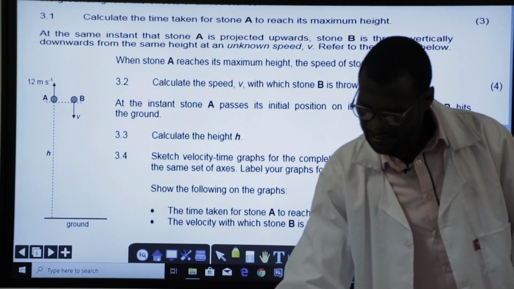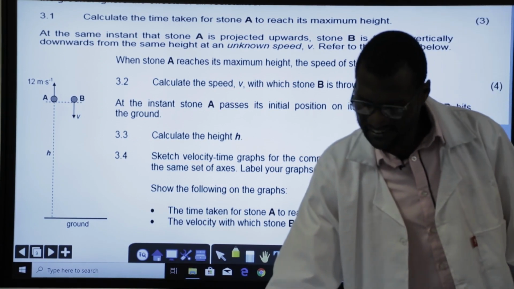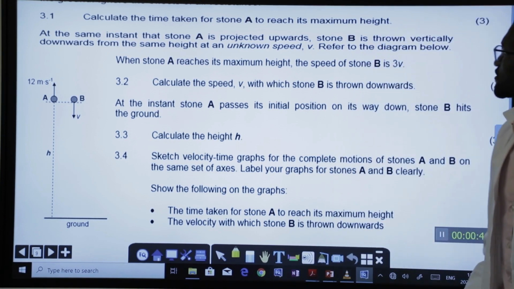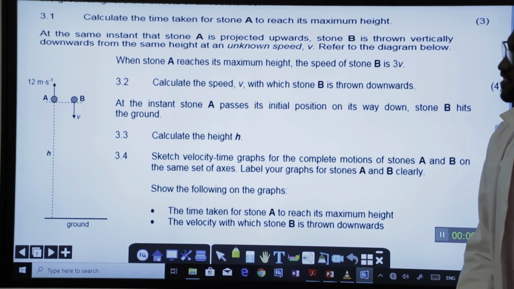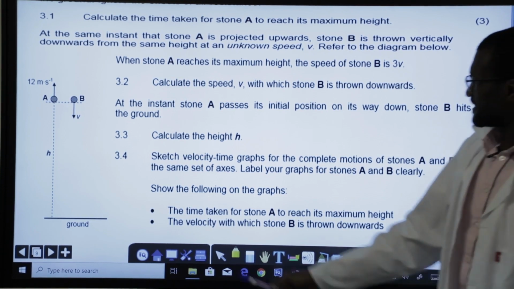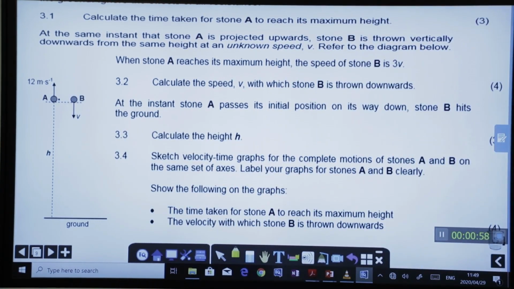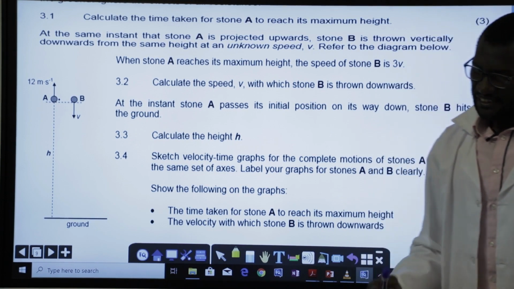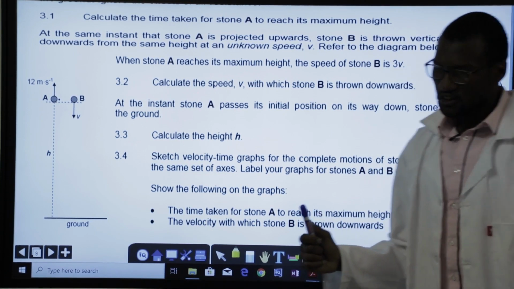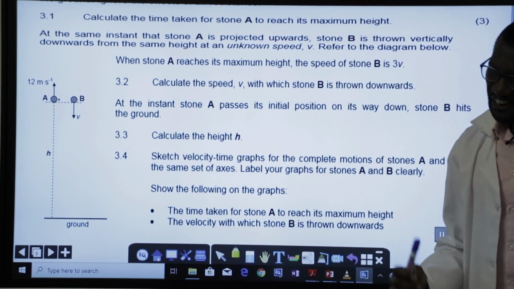The left top says that a stone A is projected vertically upwards at a speed of 12 meters per second, from a height of h above the ground.